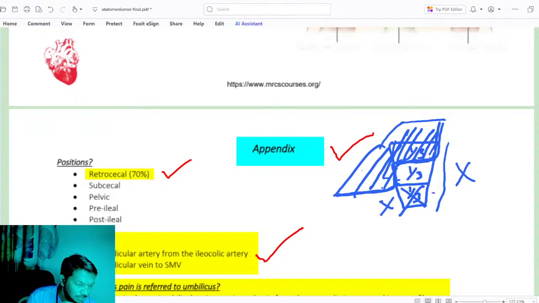Lower everything is extraperitoneal. The lower part, there is no peritoneum anterior, lateral, or posterior. Middle, only anteriorly there is peritoneum. Lateral and posterior, no peritoneum. And the upper, anterior and lateral have the peritoneum but not posterior.